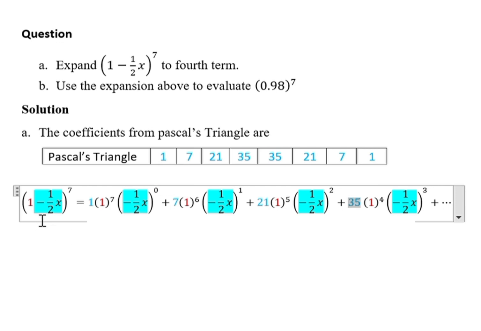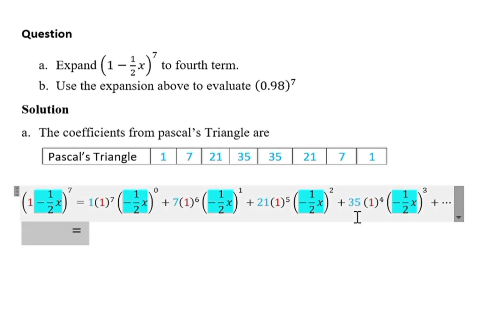Then we start simplifying whatever we have in this expression. That is equal to, let's retain these first two as we deal with whatever has an x. So we shall have 1 into 1 raised to power 7. Then anything raised to power 0 is always known to be 1. So this is 1, plus 7 into 1 raised to power 6.